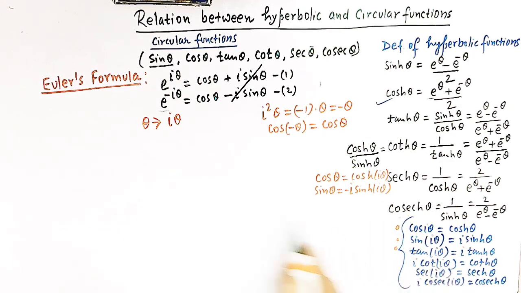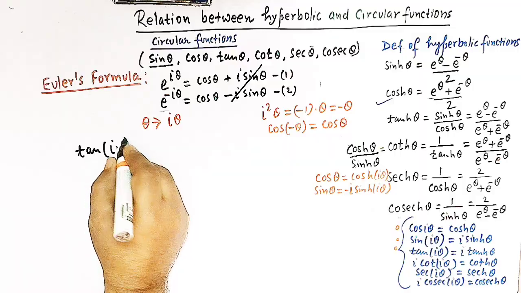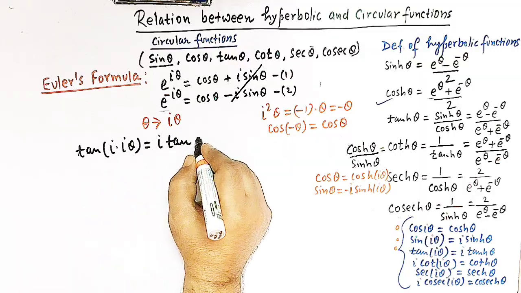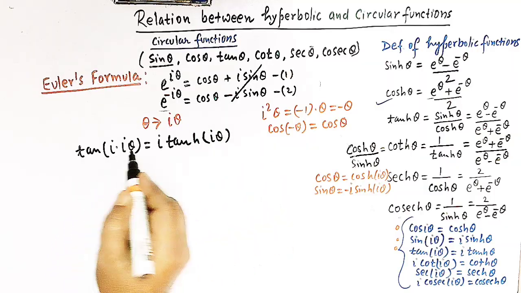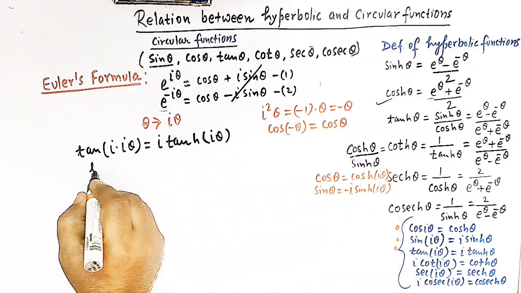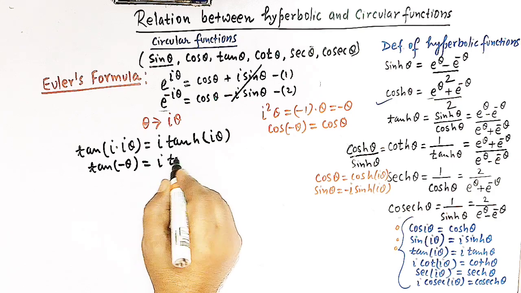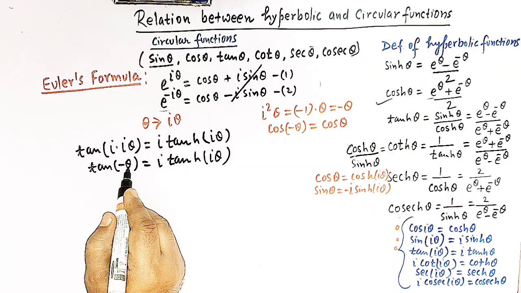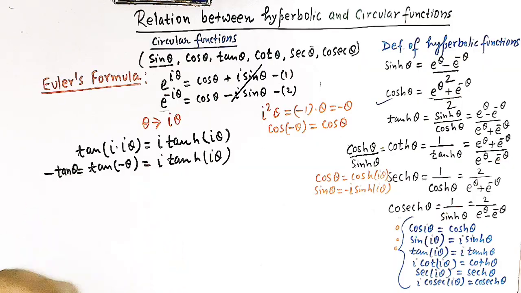Now let us replace theta by iota theta in the third relation. We have tangent of i·iθ, and here we have i tanh(iθ). So here this is i²θ, that is minus theta. So we have tan of minus theta is equal to i tanh(iθ), and tan of minus theta is equal to minus tan theta from trigonometry.